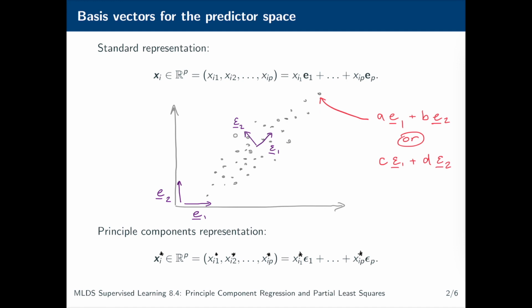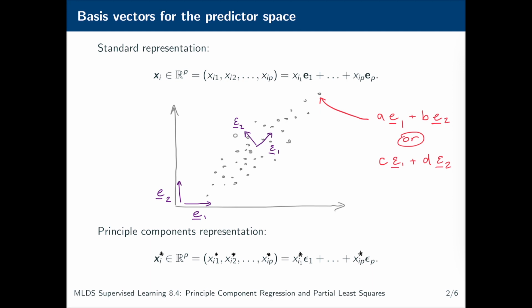Instead of expressing our data points as linear combinations of e1 and e2, we might instead express them as linear combinations of epsilon1 and epsilon2. This will give us a principal components representation of our data set.